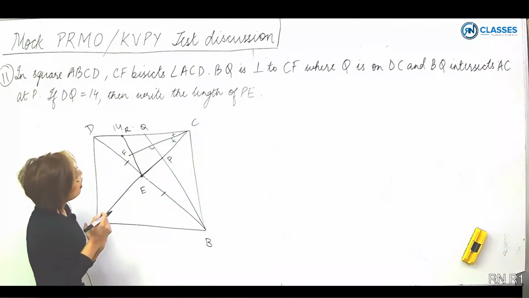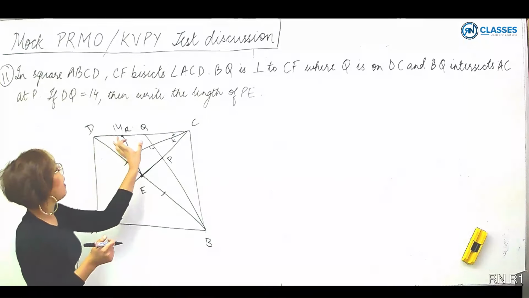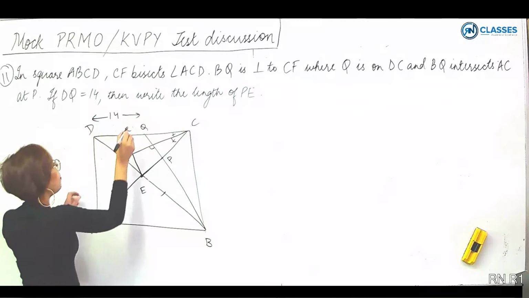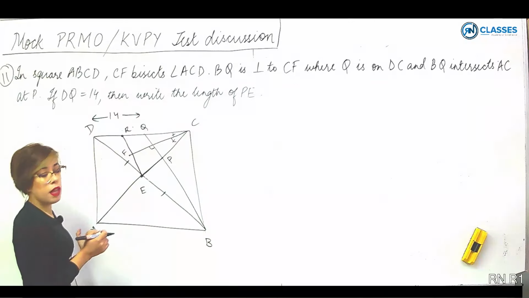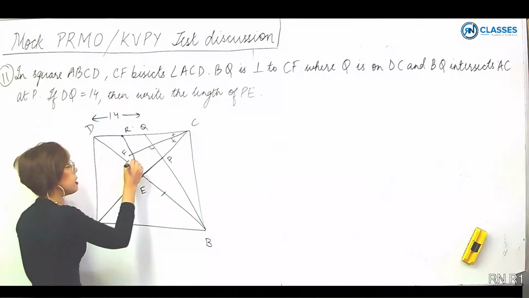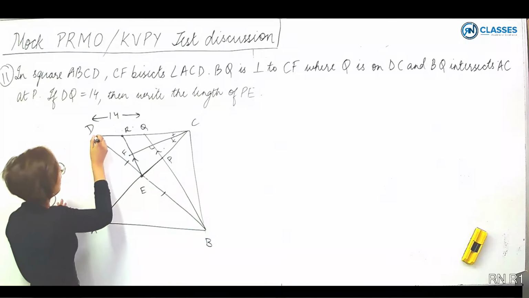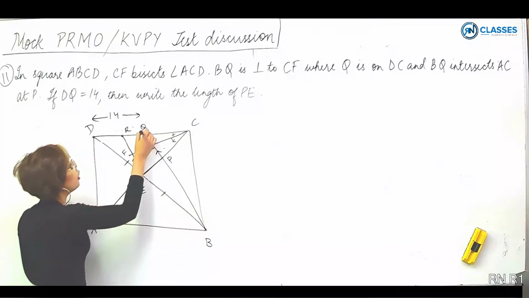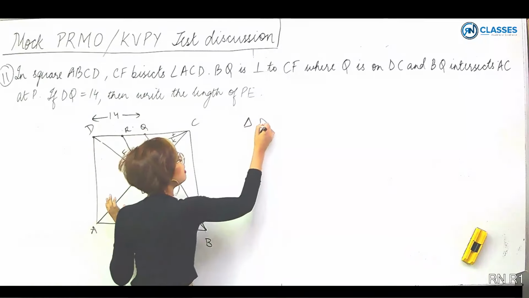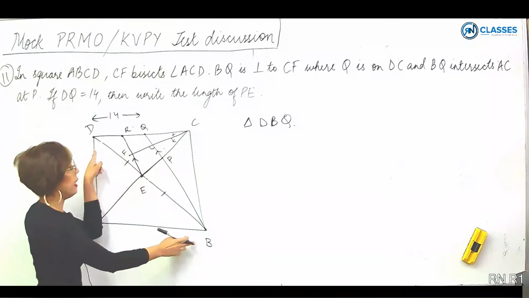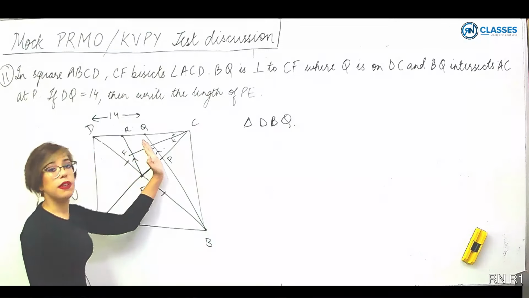Right? Now, what can you say about DR and RQ? I know that DQ, the entire length, is 14. But what about these individual lengths? Now, mind it, I have made sure that this ER is parallel to DQ. So, consider triangle DBQ. I can see that E is the midpoint of this side and this side is parallel to this one.